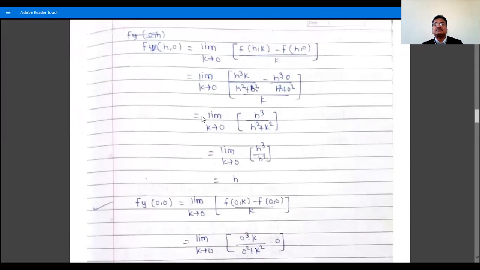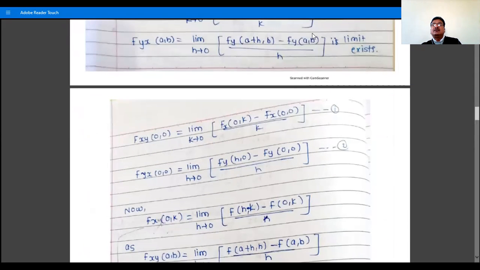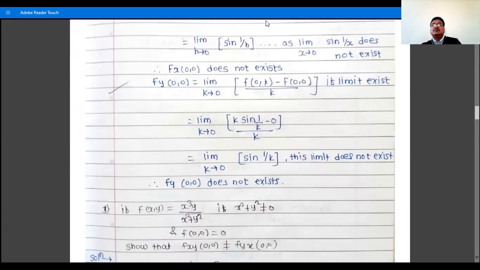So the basic definitions are, you see the basic definitions of the partial derivatives.